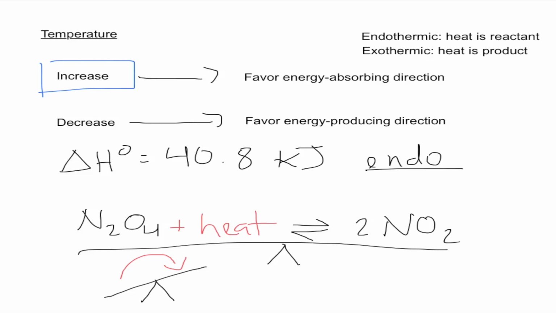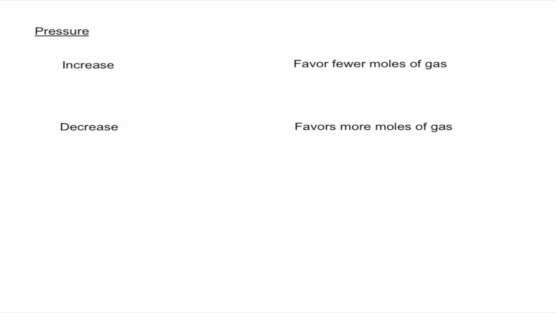Finally, let's go to pressure. So, same logic. Having an increase is going to bring a decrease of the opposite. So, if we increase the pressure, that is going to lead to favoring the side with fewer moles of gas. Because we're increasing pressure, so what we want to do to reach equilibrium is to relieve that pressure.